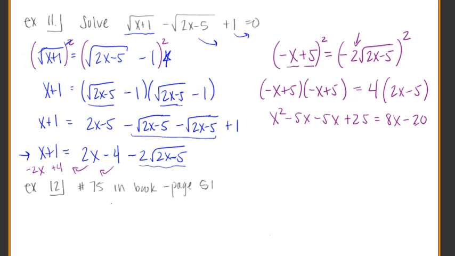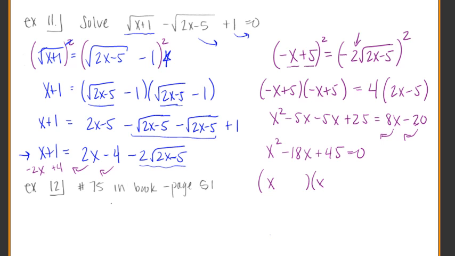Well, this is quadratic in nature, so we know how to solve a quadratic, first of all, by bringing everything over to one side so we have 0 on the other. I only have one x squared term. A -5x and -5x is a -10x, but we also have this 8x coming over as a negative, so that'll be -18x, and 25 plus 20 is going to be 45, equal to 0.